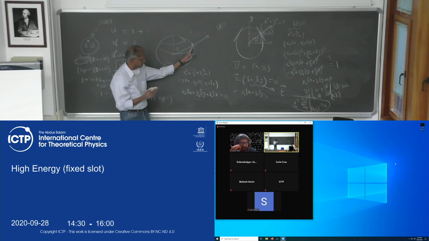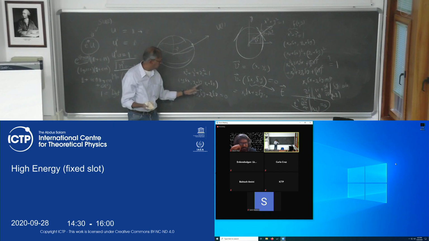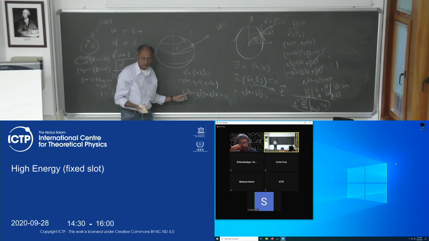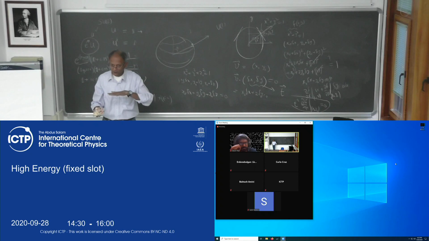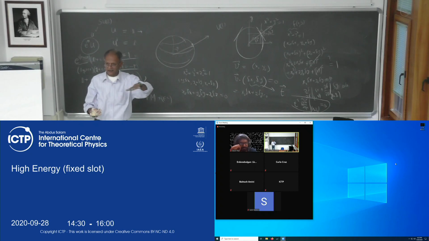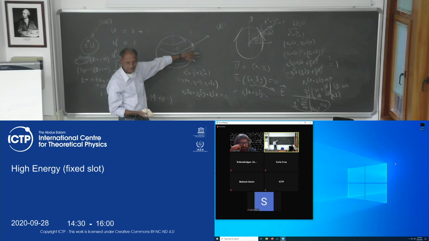X0, Y0, Z0 I have fixed already, so I'm not free to move. I'm just sitting there. But delta X, delta Y, delta Z are arbitrary. That's what we want to determine. There is one equation for 3 unknowns, so there will be a two parameter family of solutions. That two parameter family of solutions is exactly the 2-dimensional tangent space.